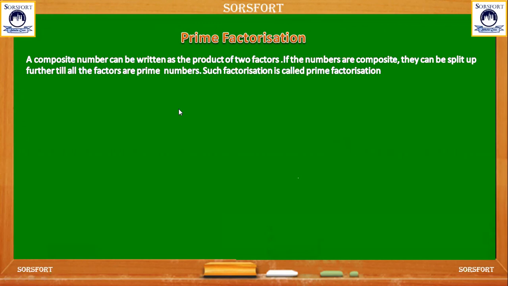If any of those factors is a composite number, it can be split further till the factors are prime numbers. Such factorization is called prime factorization.